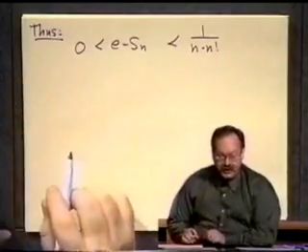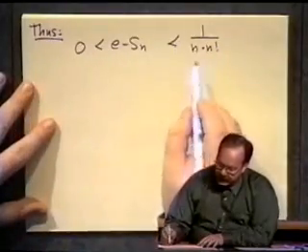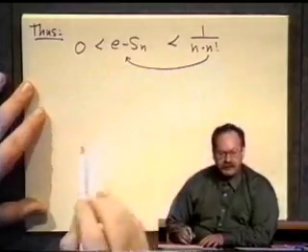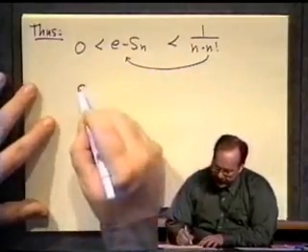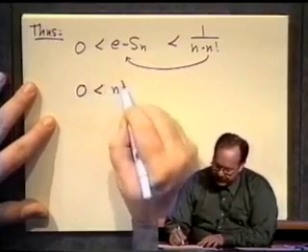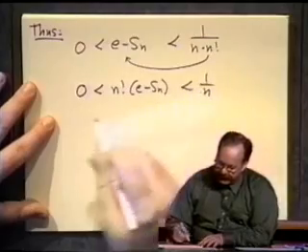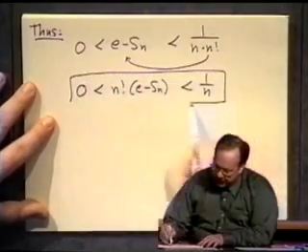And I want to do one last little calculation. I'm going to take the n factorial here and just move it up to there by multiplying through by n factorial. So I end up with this. 0 is less than n factorial times (e minus s sub n) less than 1 over n. And that's what I wanted to conclude here.